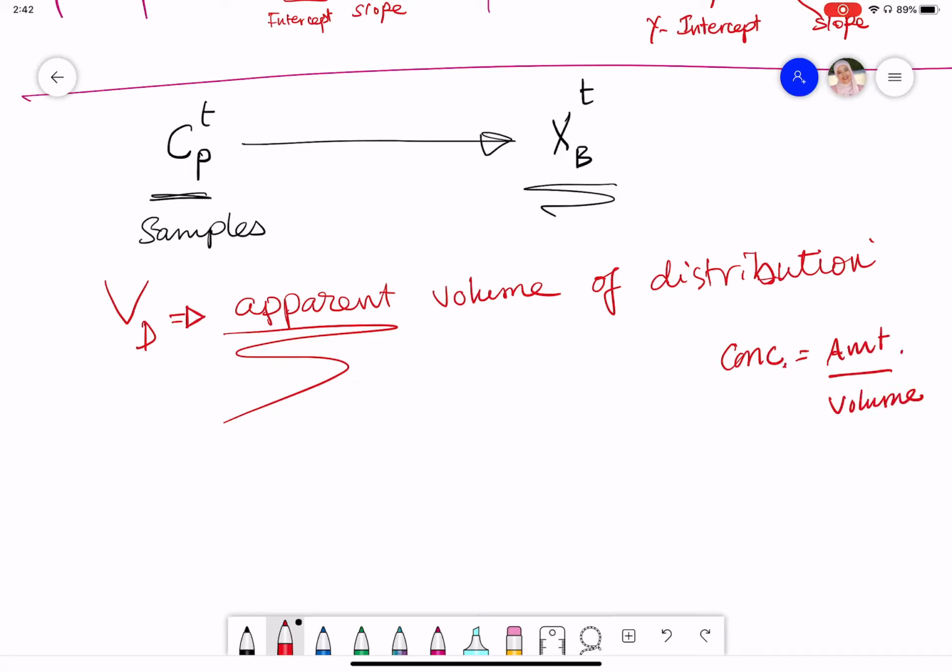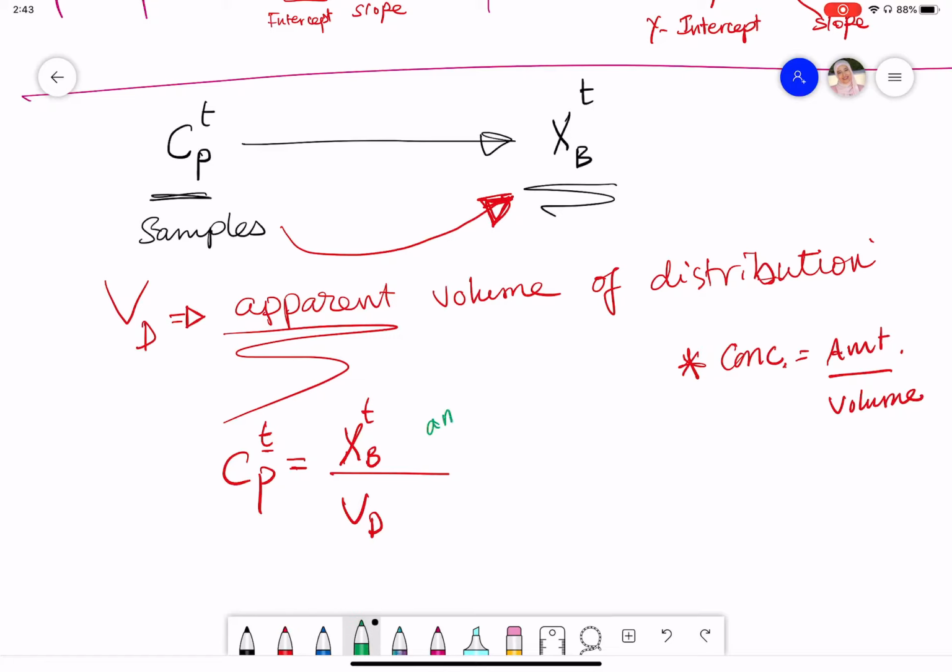So we will use this relationship to get the relationship between the measured concentration and the amount. That's why the concentration of the drug measured in the plasma or the body at time t equals the amount in the body at time t over the apparent volume of distribution.